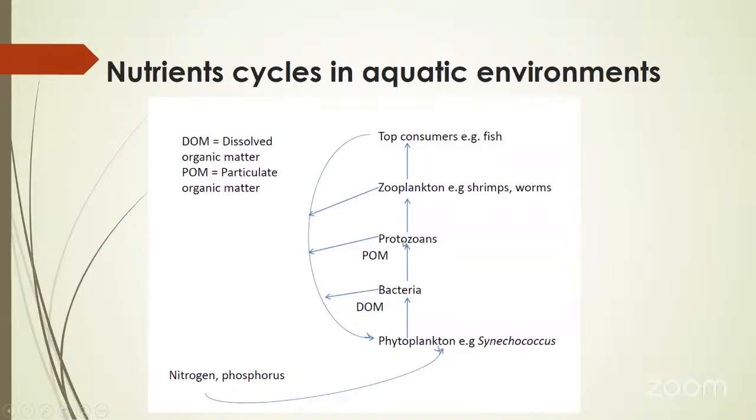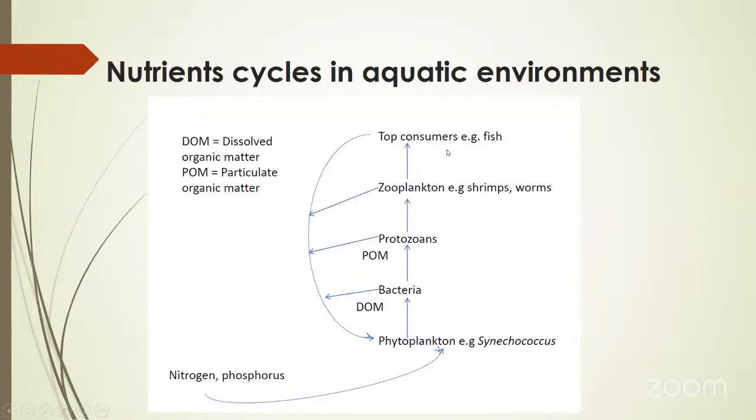Then the protozoans, like the ciliates and the amoeba, can engulf the bacteria. Then these protozoans can also be ingested by the zooplanktons, like the shrimps and the worms that you have in the aquatic environment. The worms and the shrimps and the small fishes can also be taken up by the top consumers in the environment, which are the fishes.